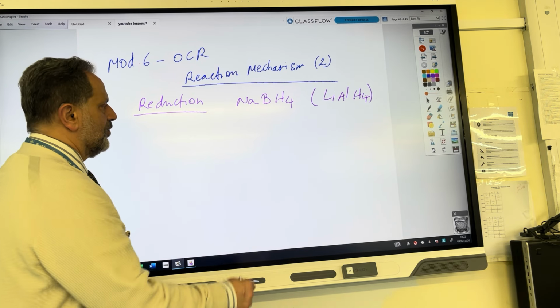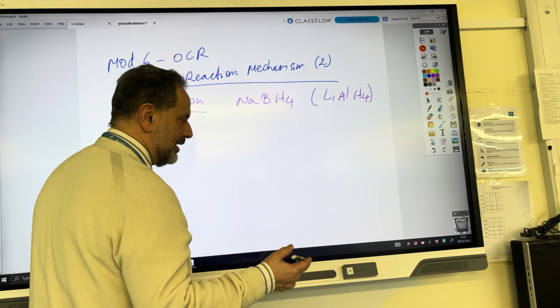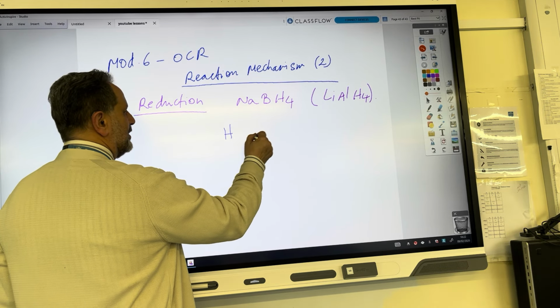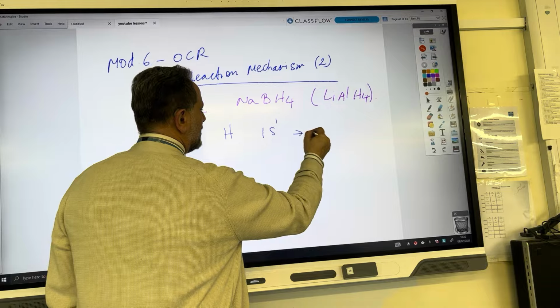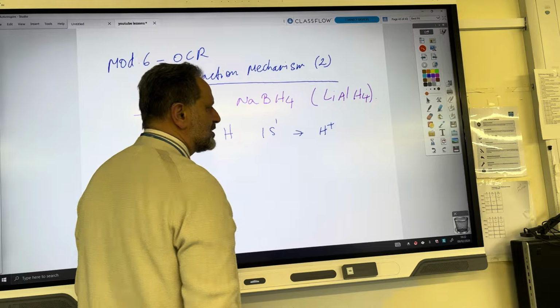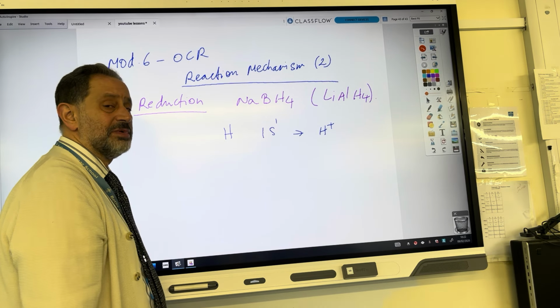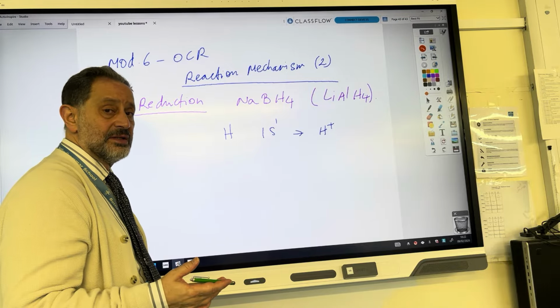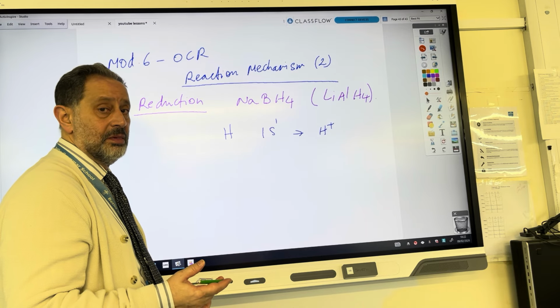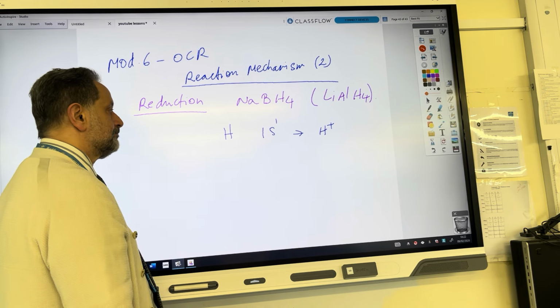Now, we all know, let's say up to now, that hydrogen, which is 1s1, usually prefers to be turned into hydrogen plus, i.e. losing the only electron that it has, and becomes 1s0, basically.